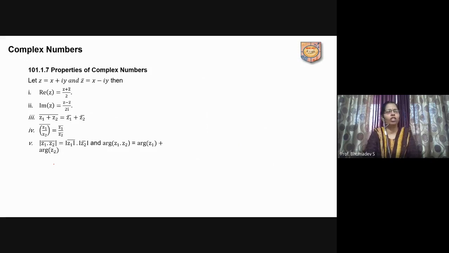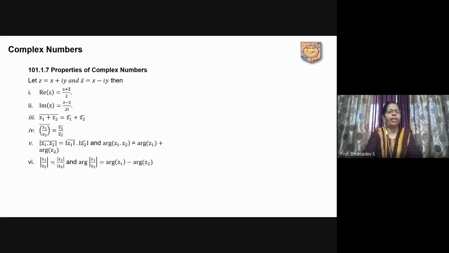The modulus of z1 into z2 can be written as modulus of z1 into modulus of z2. The argument of z1 into z2 can be written as argument of z1 plus argument of z2.